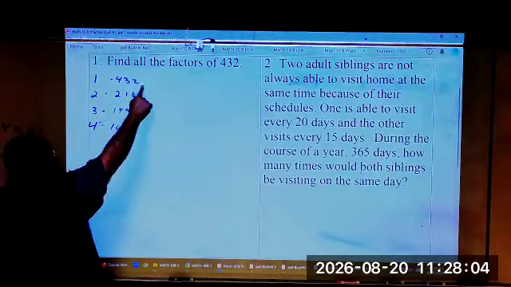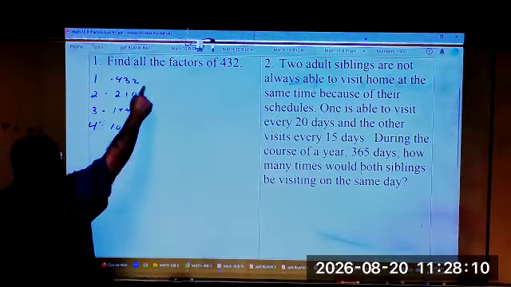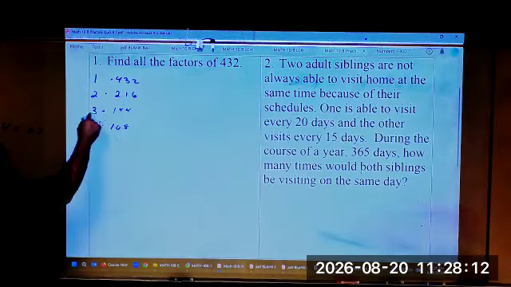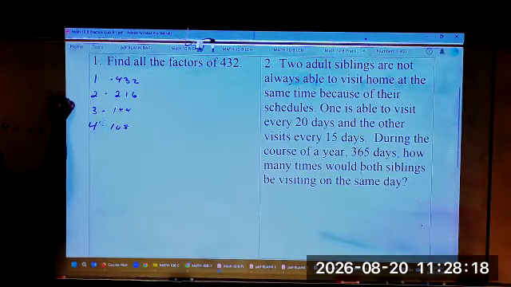And 5 is not going to work because it doesn't end in a 5 or 0. But will 6 work? You could divide by 6, but 6 is just 2 times 3. So I can either divide this by 3 and figure out what the answer is going to be, or I could take that 3 right here. 3 times 144 is 432.